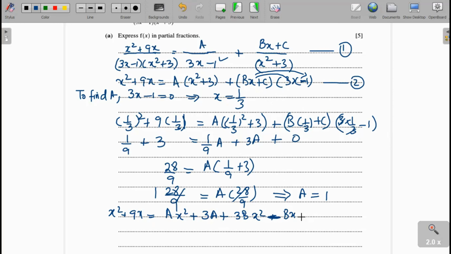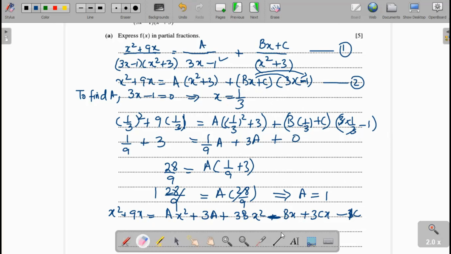Now 3cx, next is minus c. Sorry, minus 1 here, minus bx, and this is minus c times 3.